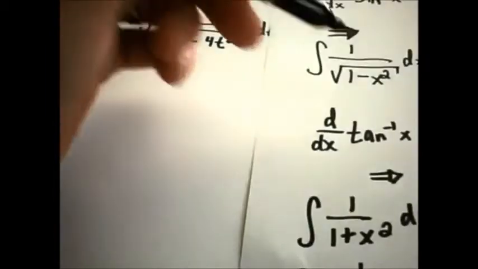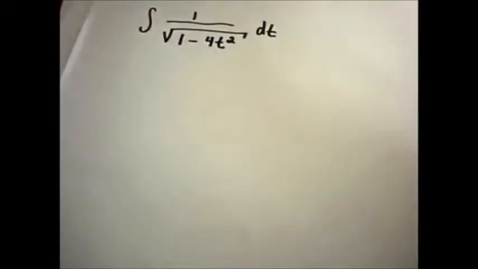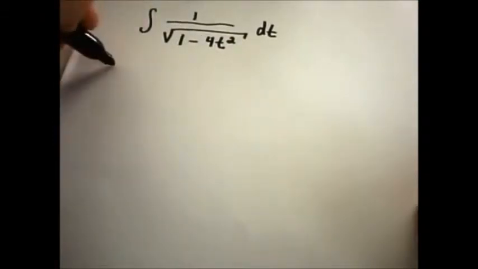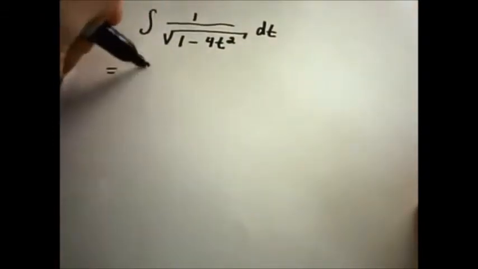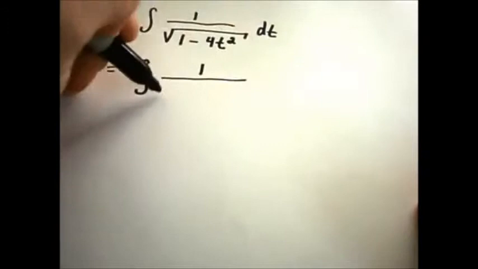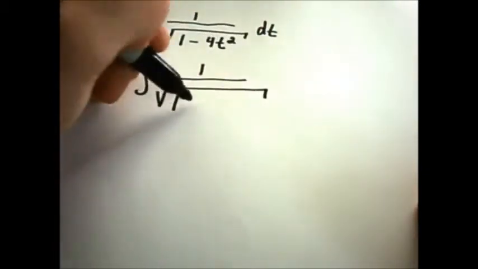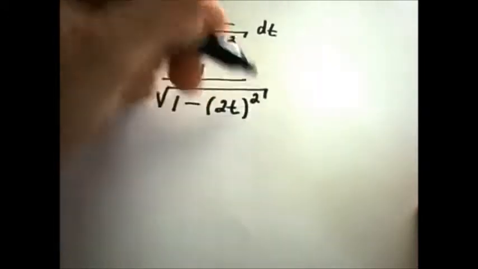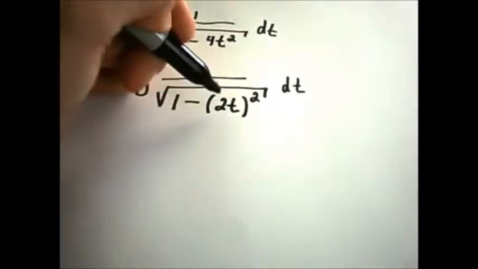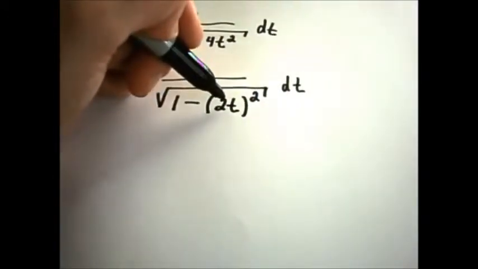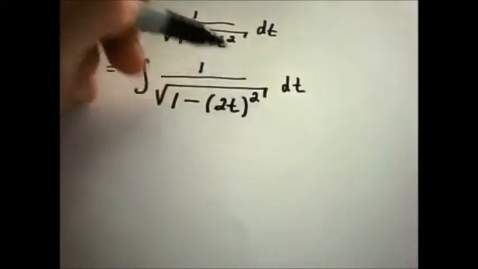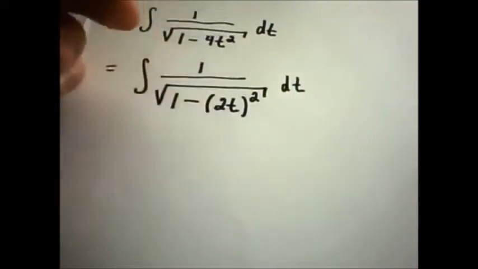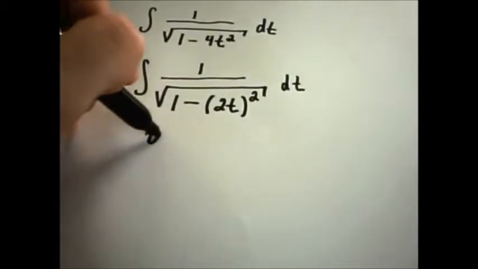Let's do one that's maybe a little trickier. Suppose we have 1 over the square root of 1 minus 4t squared dt.